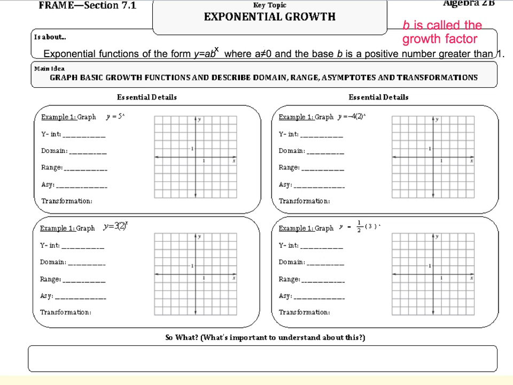Let's fill in our so what statement right now down at the bottom while we're on this frame, because I want you to understand a couple of important things and keep that in mind as we're graphing. Our domain here is always going to be all real numbers. That's one thing to remember here.